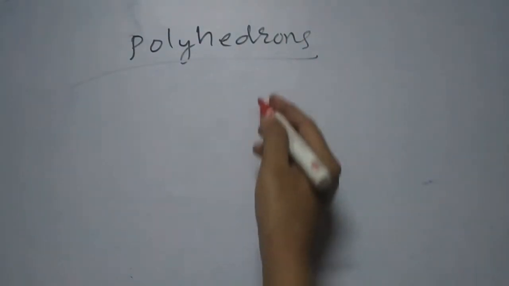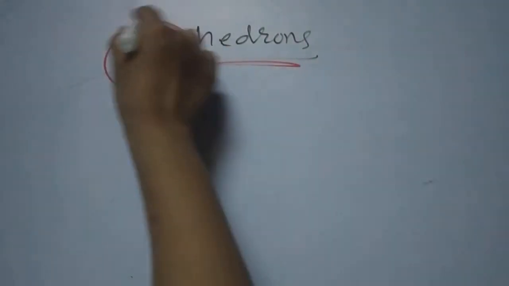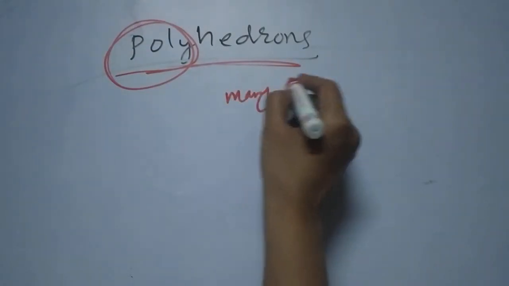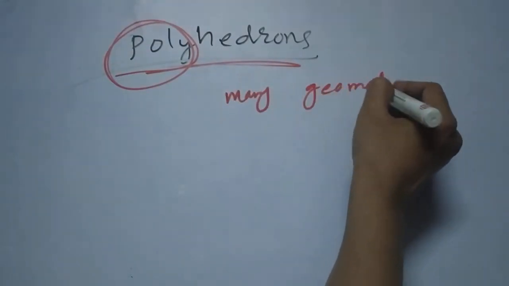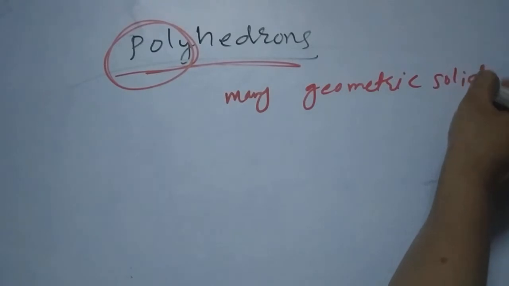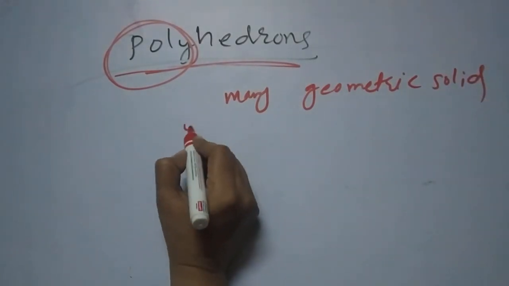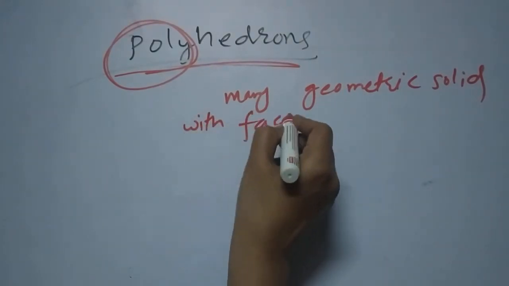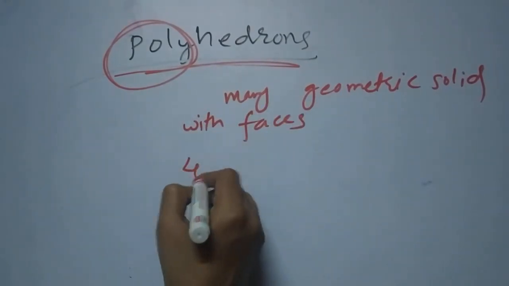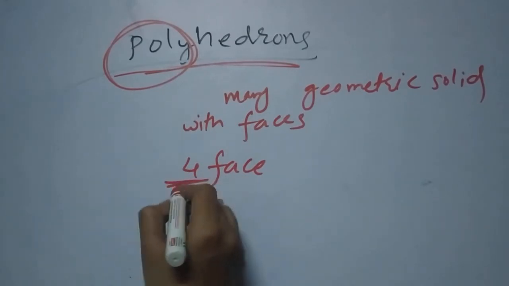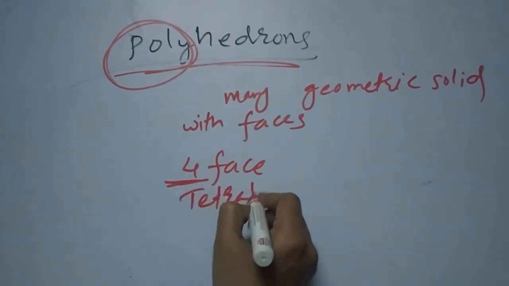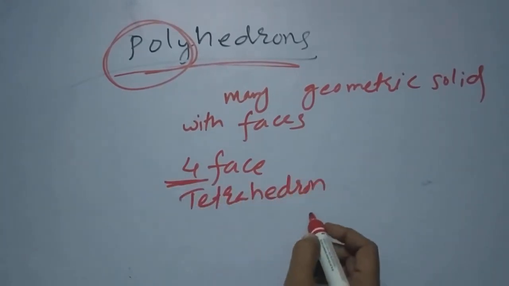Polyhedrons. So polyhedron, what friends? Poly means many. We are having many geometrical solid shapes. Many solids with different faces are there. For example, if you see 4 faces, it is a tetrahedron.